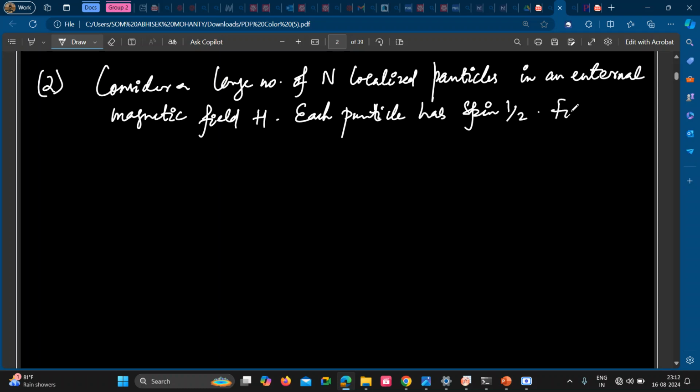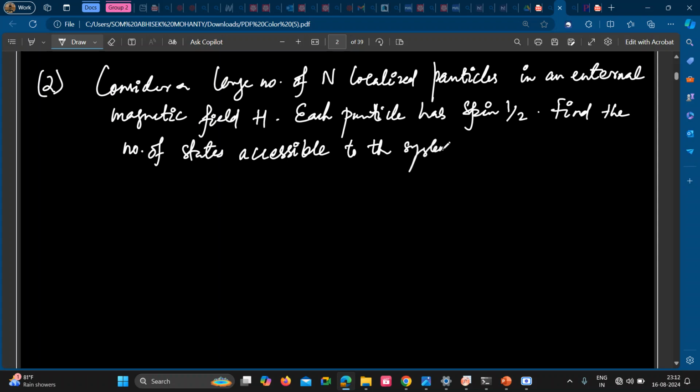Find the number of states accessible to the system as a function of Ms. What is Ms?